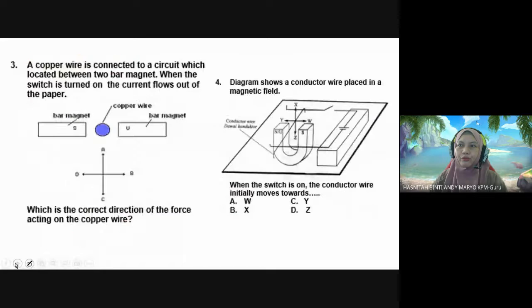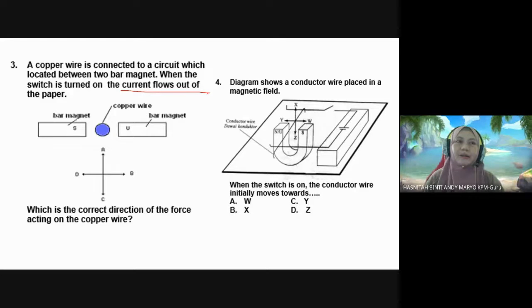Again, number 3, students. Find the correct direction of the force acting on the copper wire. This is our copper wire placed in between these two bar magnets. The south pole is on the left, north pole on the right. When the switch is turned on, the current flows out of the paper.